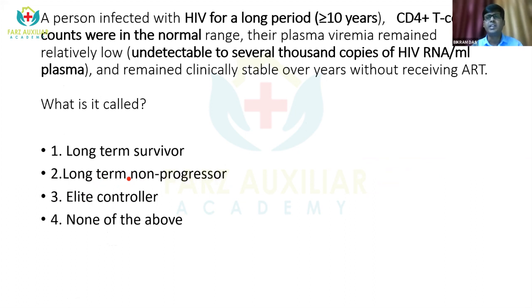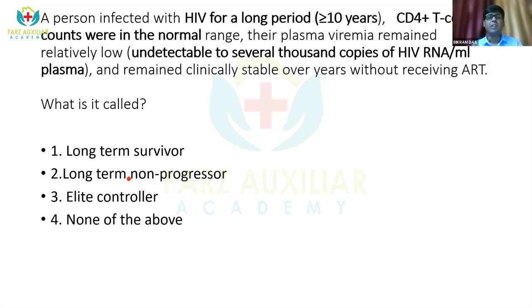So this is one more question. A person infected with HIV for a long period, more than 10 years, with a CD4 count in the normal range, plasma viremia remaining relatively low, undetectable to several thousand copies, and he remained clinically stable over years without receiving ART. So what is it called?